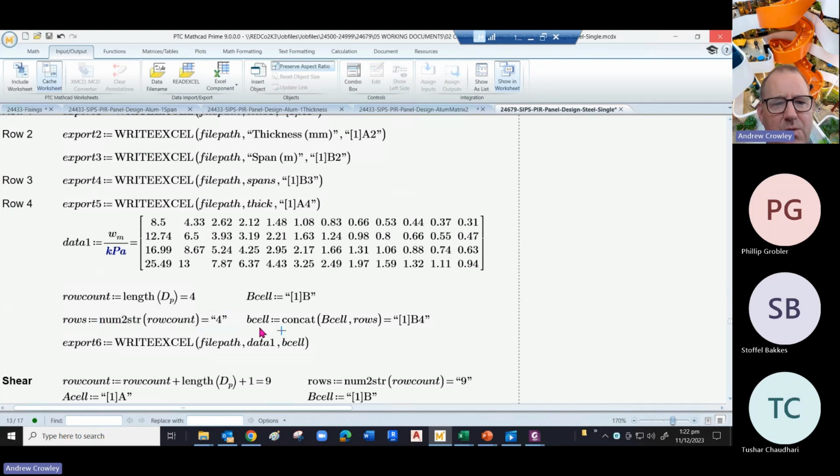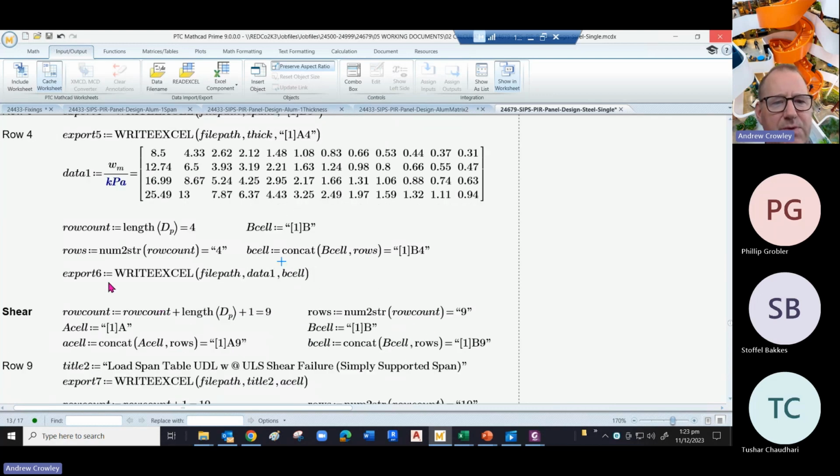And then we define what we call B cell by adding the initial B cell to the number of rows. So we take B and put it as B4, and we export that data. So export 6 is writing to Excel to that file path with that data. Data 1 is all of this, and it puts it in that cell, which is marked as B4.